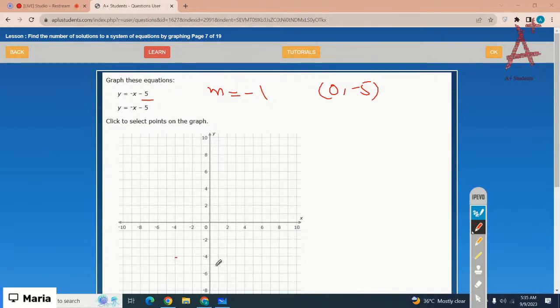Here is the slope, and m is negative 1. That means you have negative 1 over 1, so you have to move left 1 point and up 1 point. So it would be here. So here is the line for both the equations. So the system has infinitely many solutions, right?